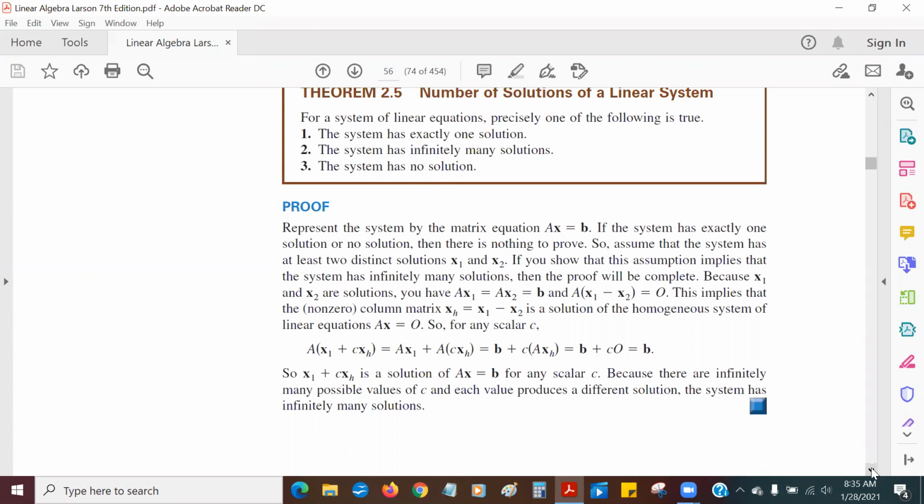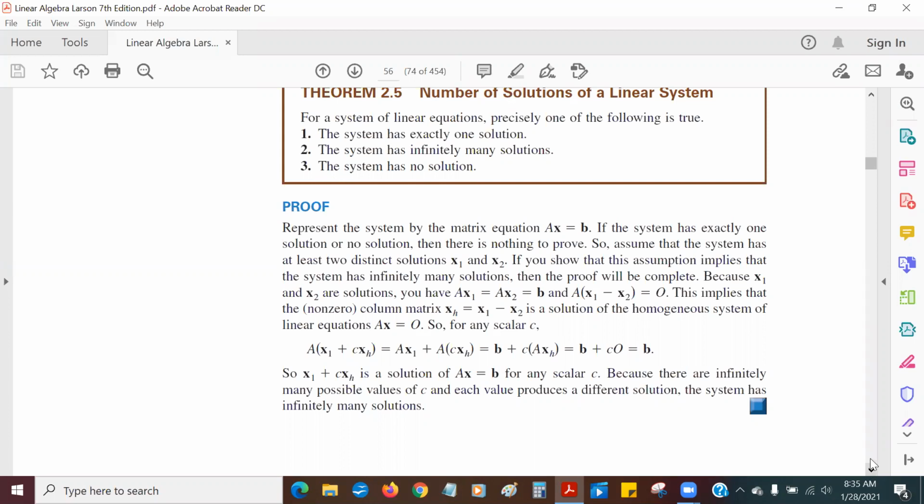And that's what we've shown. So we've shown that either there's no solutions or one solution, because we know both those things are possible. And that's it. Because once you have two solutions, that forces you to have infinite. And that is awesome.